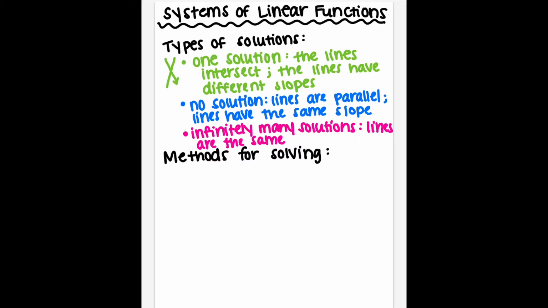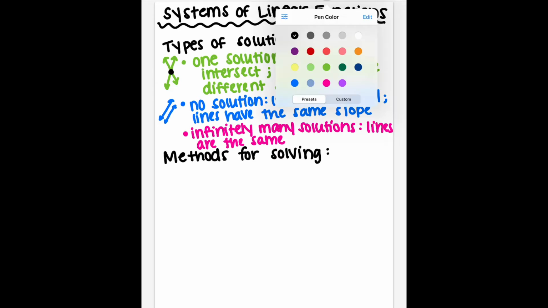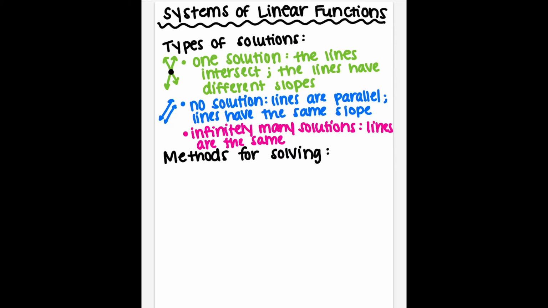So what these look like on a graph, for one solution, if they cross, that means that the two lines simply intersect one another one time. Let me make that a little bit more bold so you can see. The point where the lines intersect is the solution. If the lines are parallel, that means that they never intersect, so there is no solution.